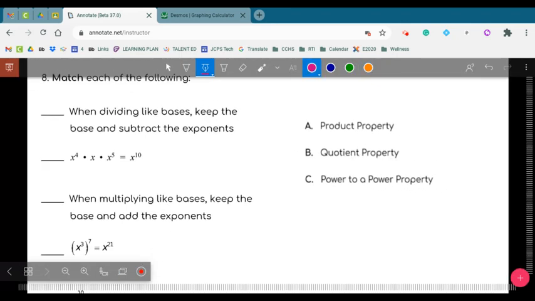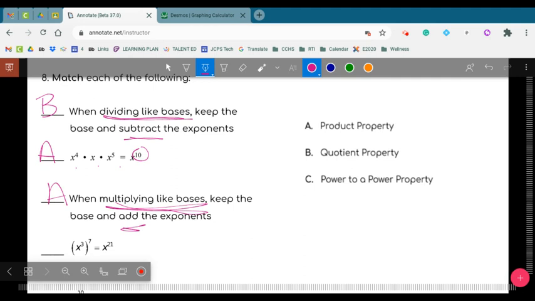So when dividing like bases, we subtract our exponents. So this is the quotient rule, so B. This one, it looks like they added their exponents, so that's the product rule, which is A. They multiplied like bases, so they added your exponents.